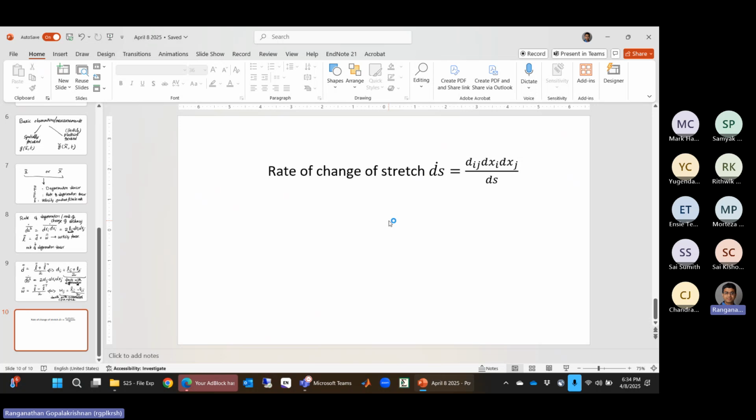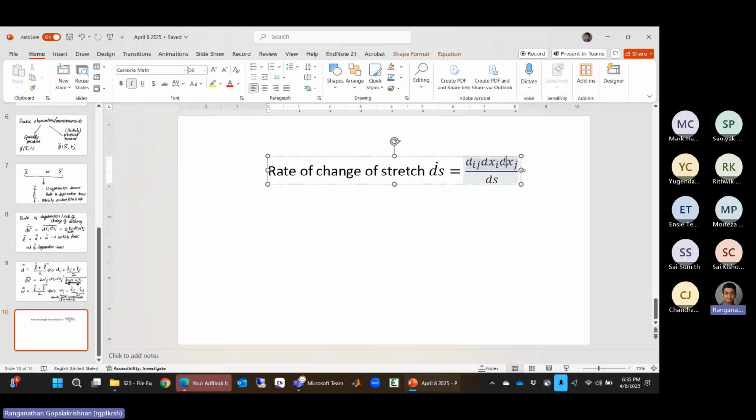I didn't want to continue the rest of the derivation and talk about logarithmic rate of stretch. I think that's a little bit advanced concept. We just want to understand if you have a length ds, what is the rate of change of length and how would you calculate that?